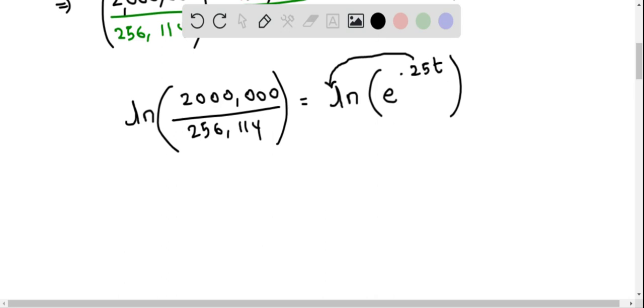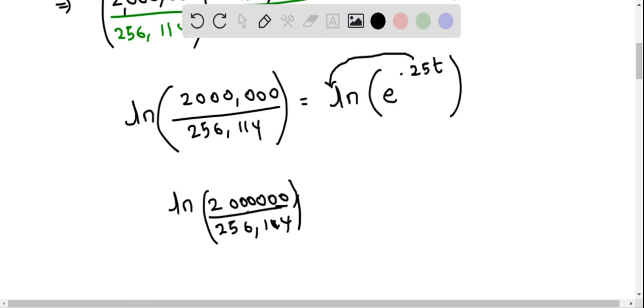So therefore, in the next step, we can write this as natural logarithm of 2 million divided by 256,114. I just missed a zero here. I will put it correctly. It is 2 followed by 6 zeros.